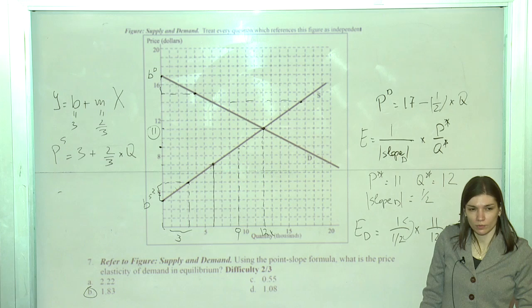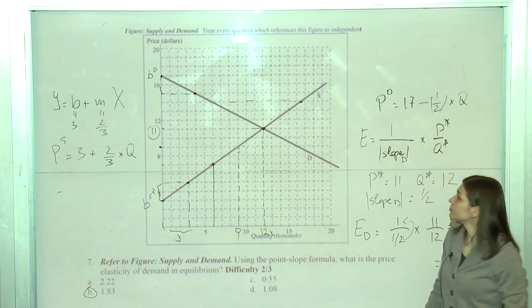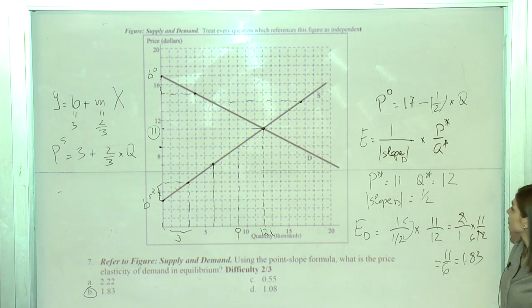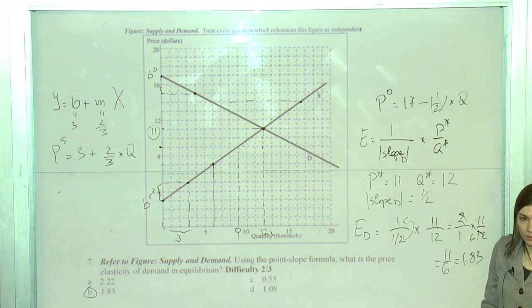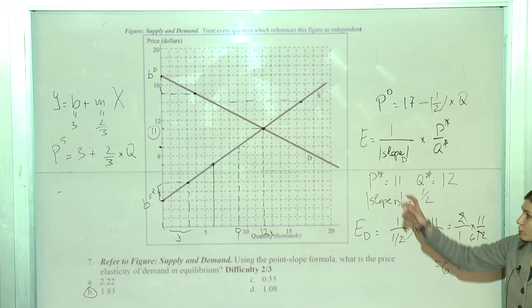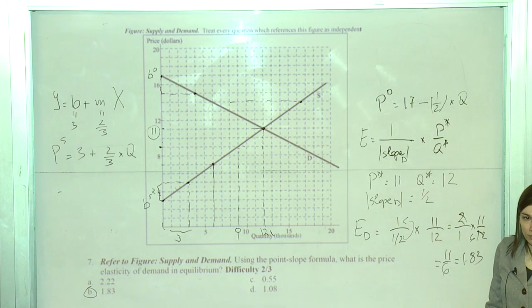Yeah. We calculated 17 minus 1/2 times P, and that is the formula for the demand curve, and here the formula for the supply curve. If you compare those two equations, you can find the equilibrium.